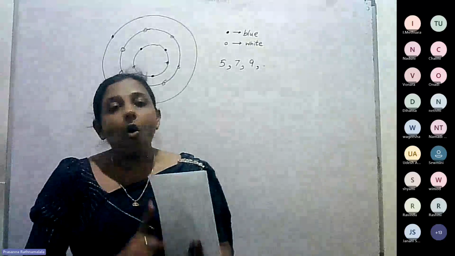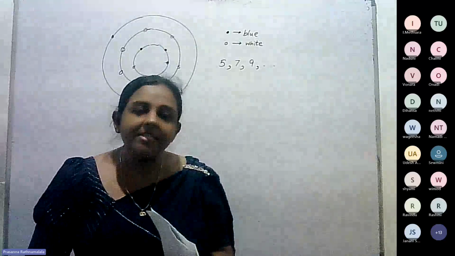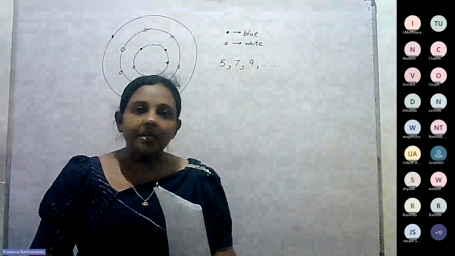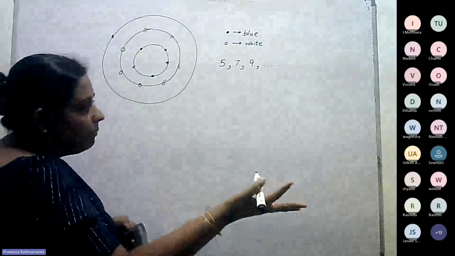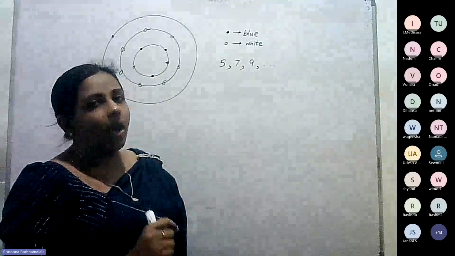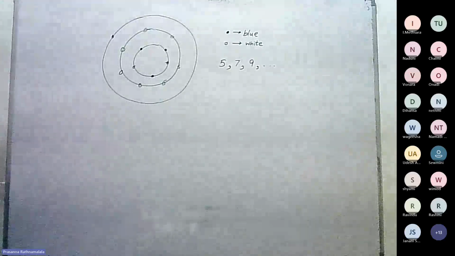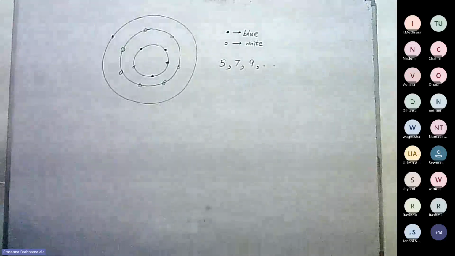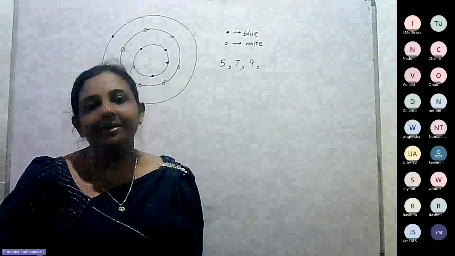First term, common difference, number of terms, last term. Okay, those are the terms that we discussed here. Then what is the suitable formula? Then you have to apply the suitable formula to find the 7th term. Then what is the number in the 7th term?